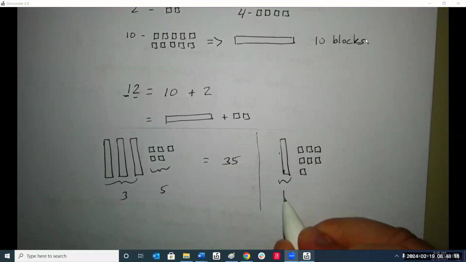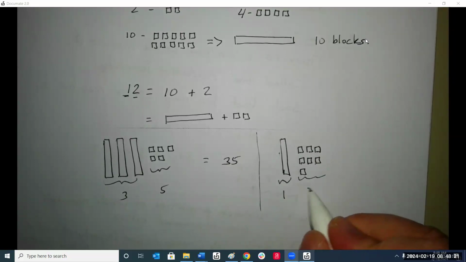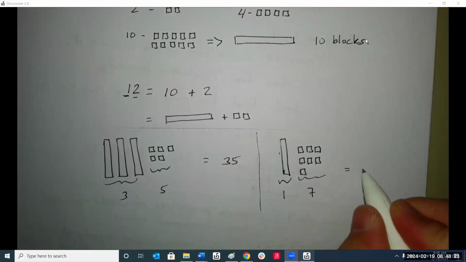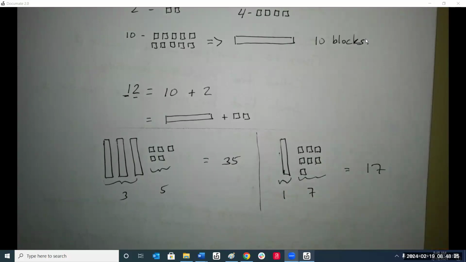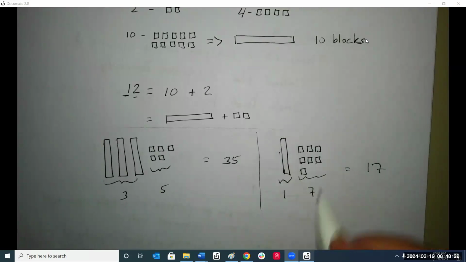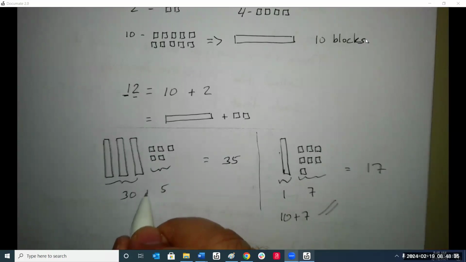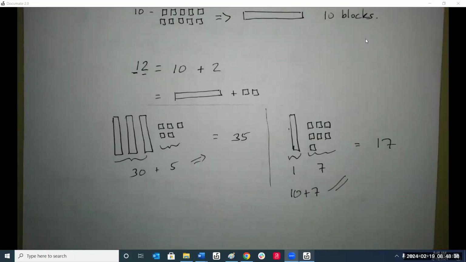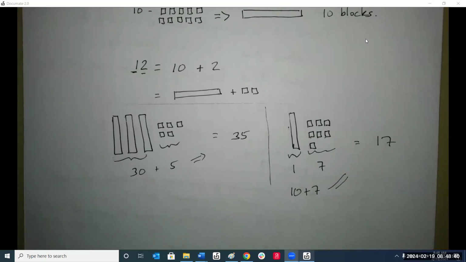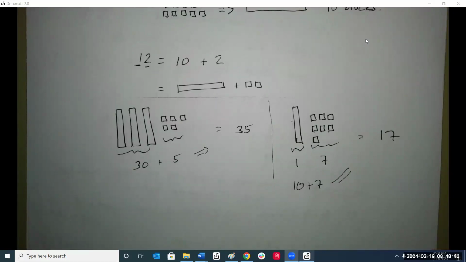There's only one long one and 7 small blocks. So that's the number 17, because this is 10, and 10 plus 7 is 17. This is where we start introducing the concept of addition by adding the blocks.